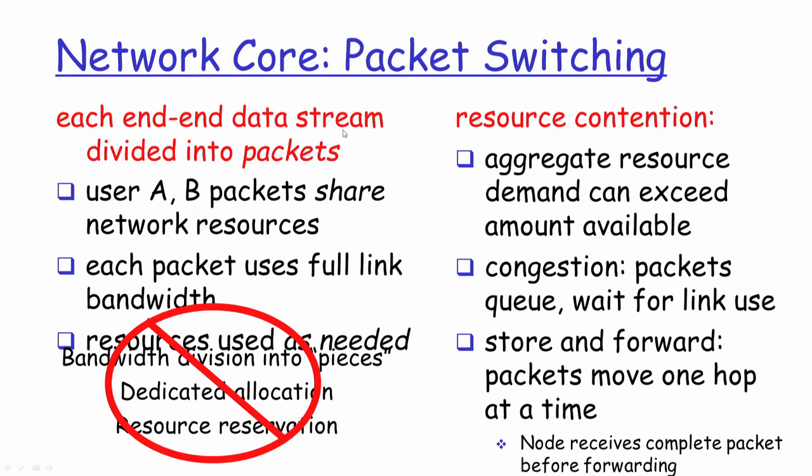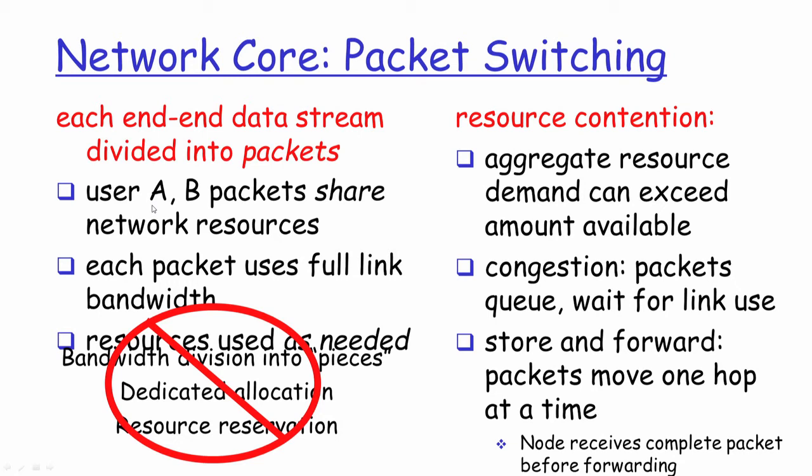In packet switching, I have my entire end to end data stream divided into packets. So, if I have 2 different users, they will want to have their packets sent over the network. The users will typically share the network resources on an as-is-available basis at that instant of time.